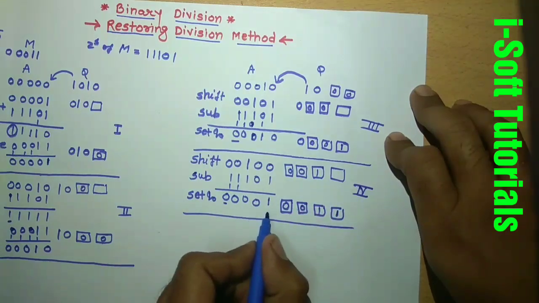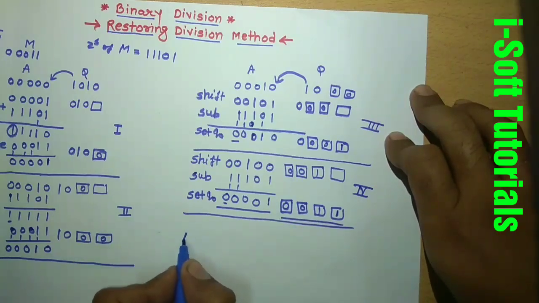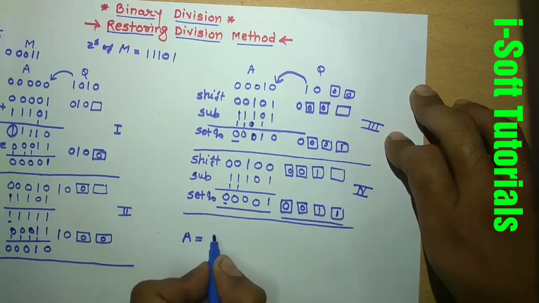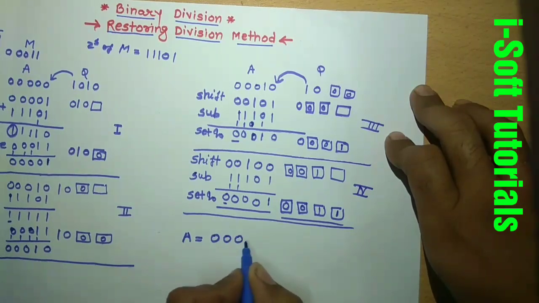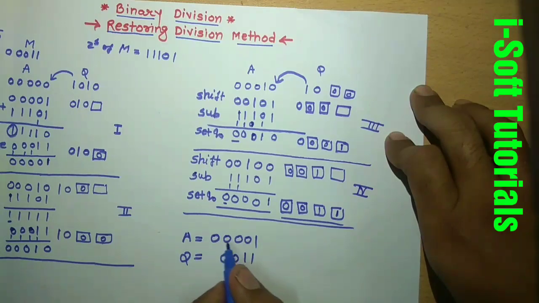So what result we got? This is A and this is Q. So A, I will write it as 0 0 0 0 1 and Q is 0 0 1 1. So 0 0 0 1, you can neglect this last bit.